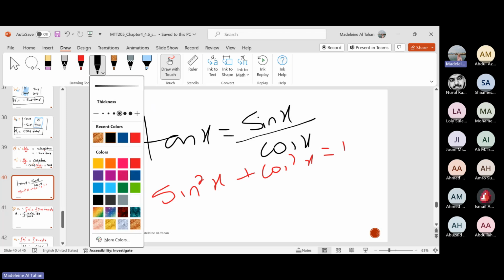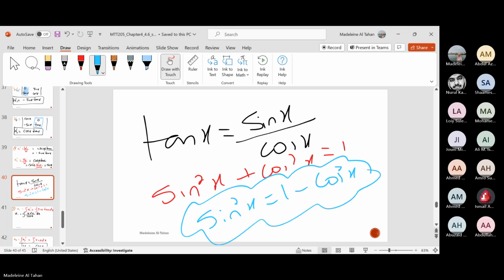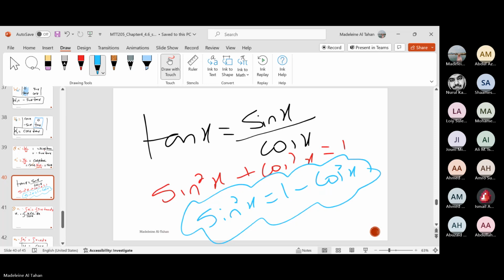So can we deduce that sine square x equals 1 minus cosine square x? Can we write it in this form? Yes.